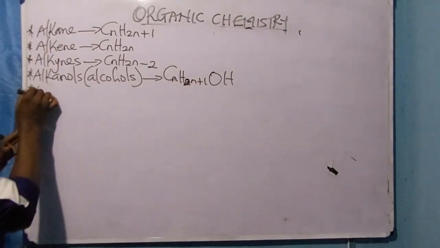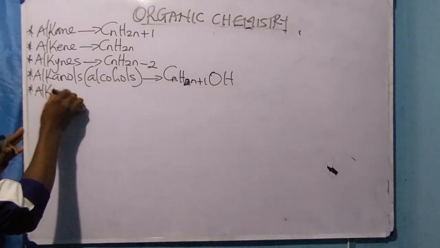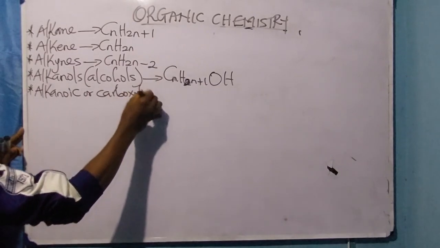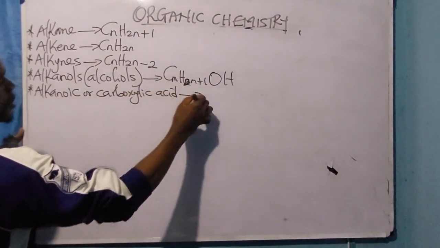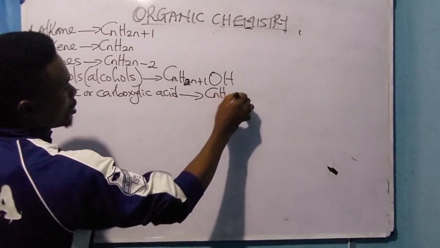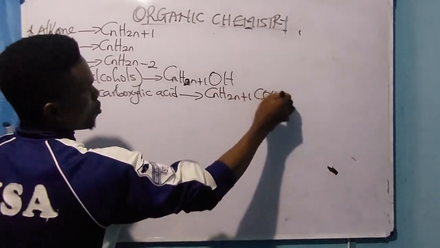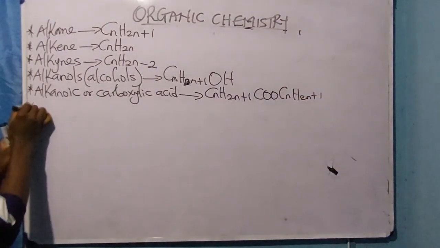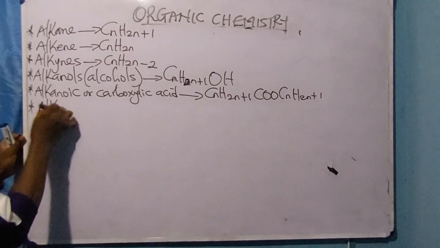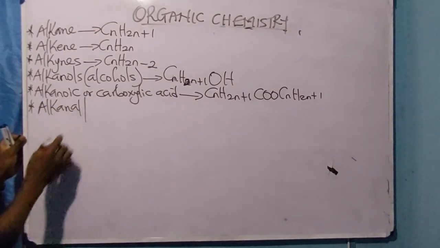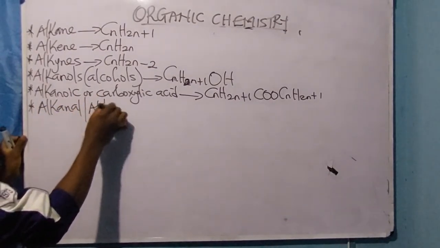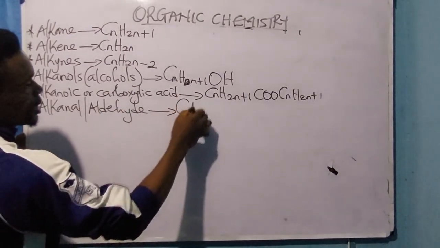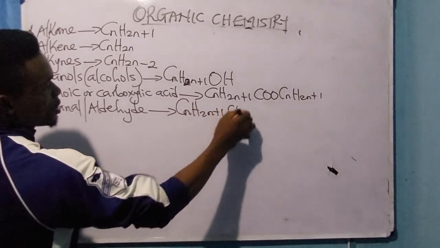We now have the alkanoic or carboxylic acid, CnH2n+1COOH. Now the alkanal, otherwise called the aldehyde, has molecular formula CnH2n+1CHO.